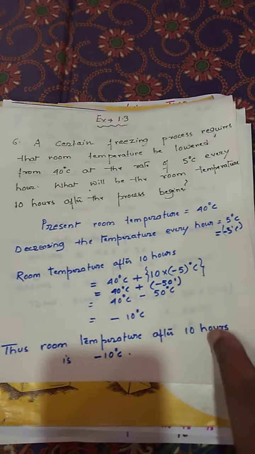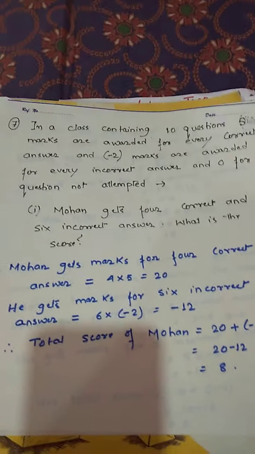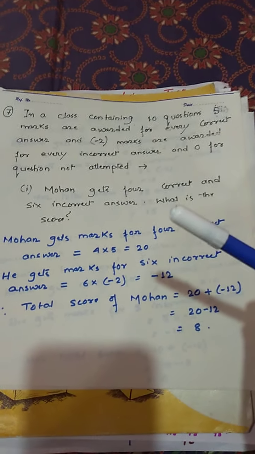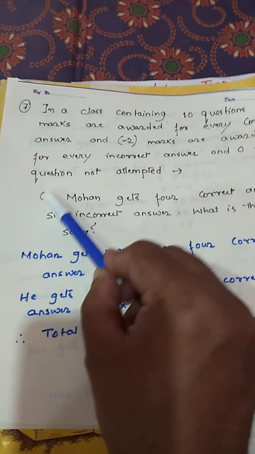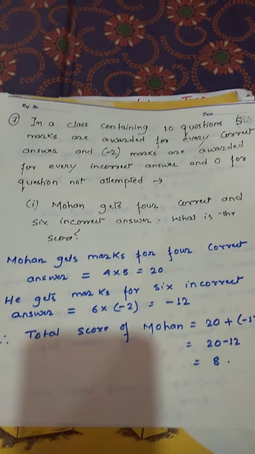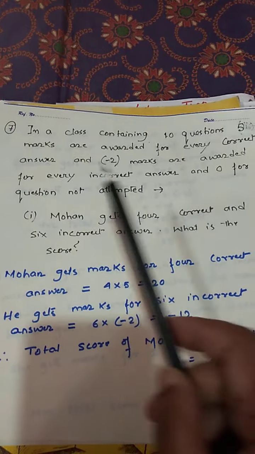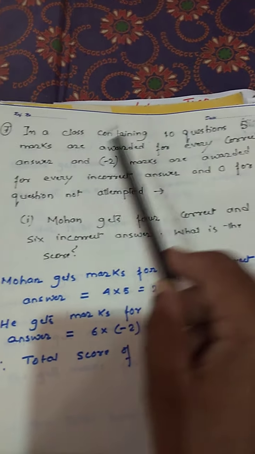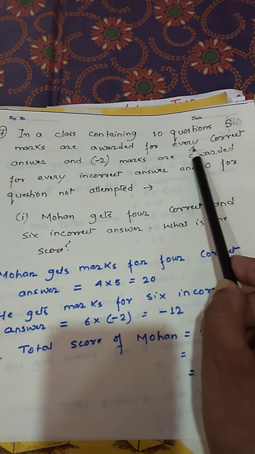Okay students, let's move on to question number 7. Now question number 7 has 3 parts. 1, 2 and 3, I will explain later. Now what is the question they are saying? See, in a test containing 10 questions, 5 marks are awarded for every correct answer.